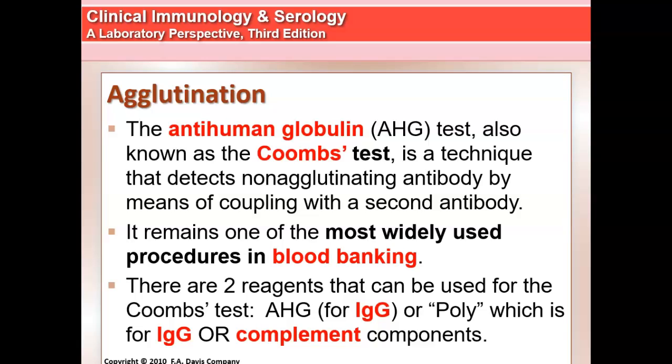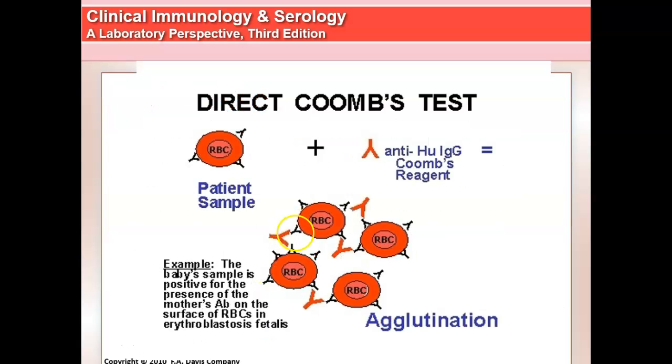One we call the AHG for IgG. So the AHG, the anti-human globulin, that just means you're using IgG alone, the anti-IgG. Or poly, which is a solution that contains an antibody to IgG and an antibody to complement components.